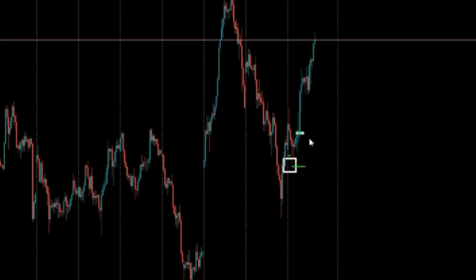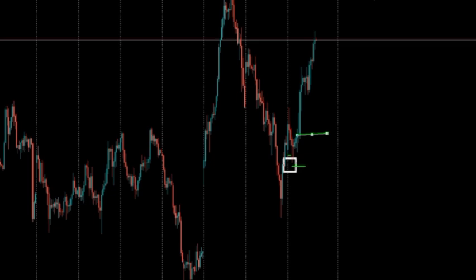This highest point of the range, which is our target, we are supposed to get more than 1:5 risk to reward ratio.